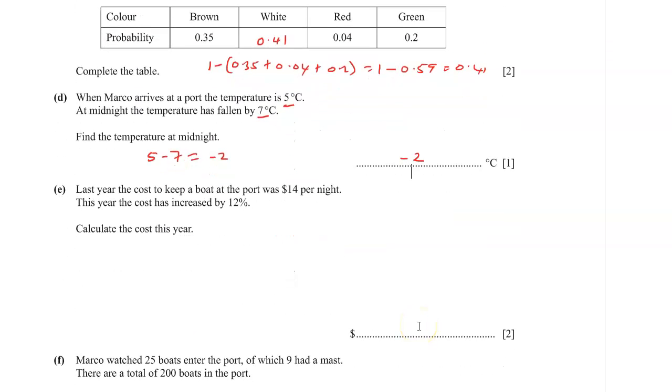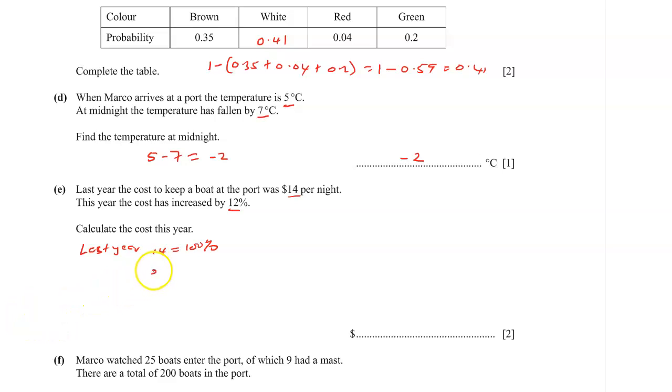Last year, the cost to keep a boat at the port was $14 per night. This year, the cost has increased by 12%. Calculate the cost this year. Last year, 14 was 100%. Therefore, what is 112%?